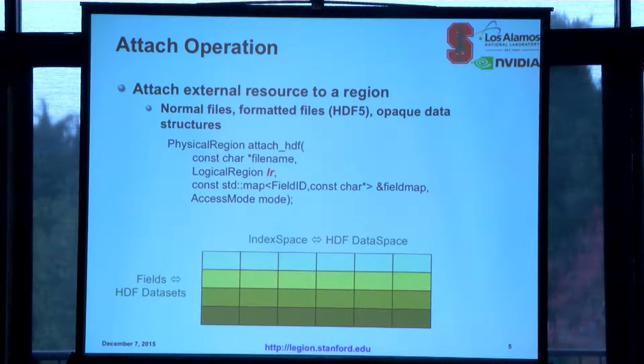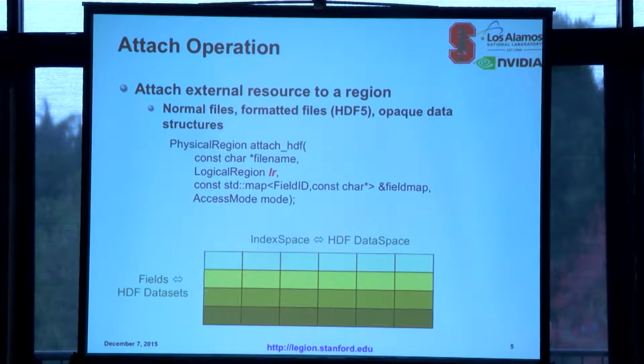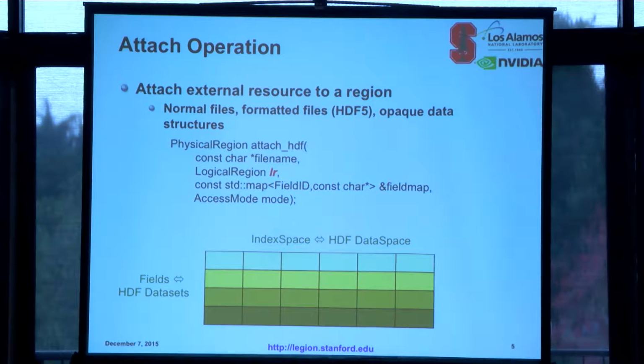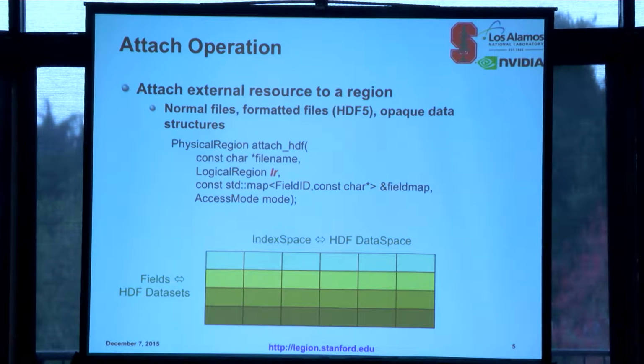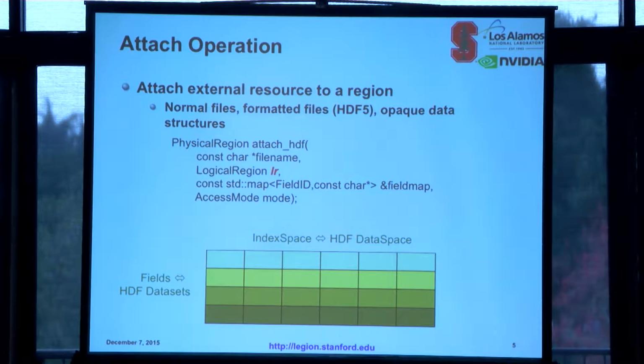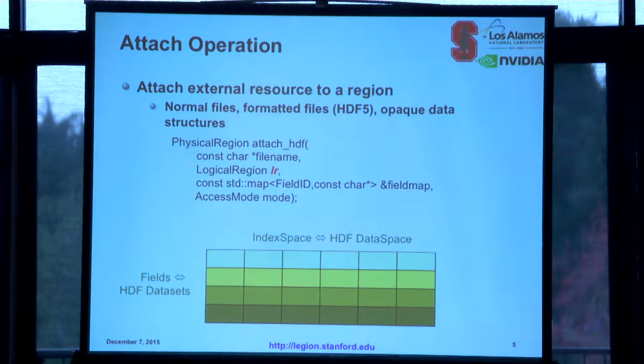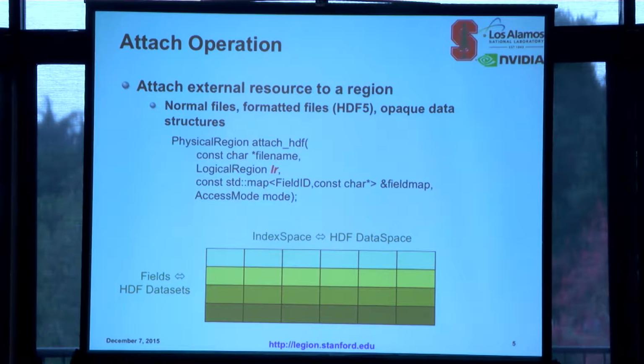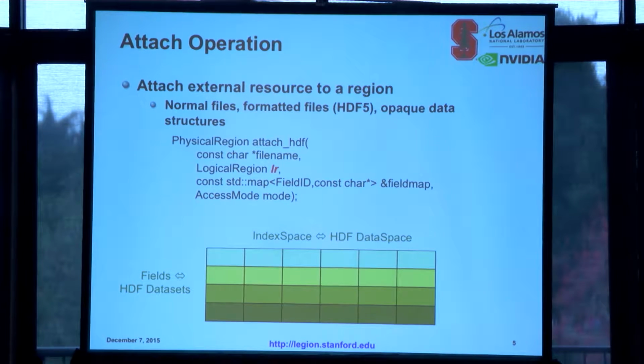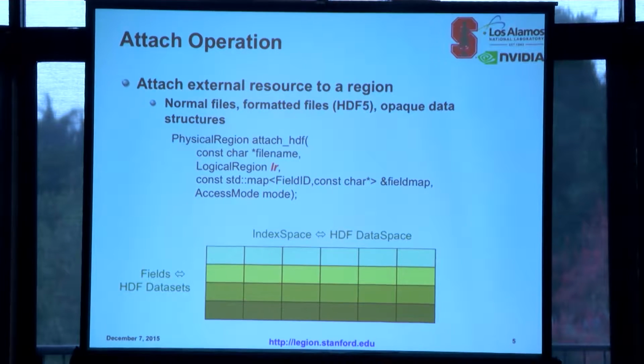So in order to attach an HDF file to a region, the application needs to make sure that the HDF data space matches the index space in Legion, which means the size of each dimension should be the same in the HDF file and in the index space. And the application also needs to define how to map from fields to data sets in HDF5.